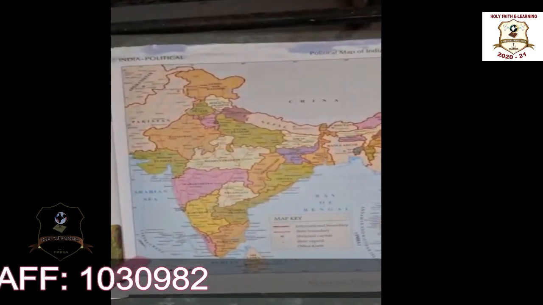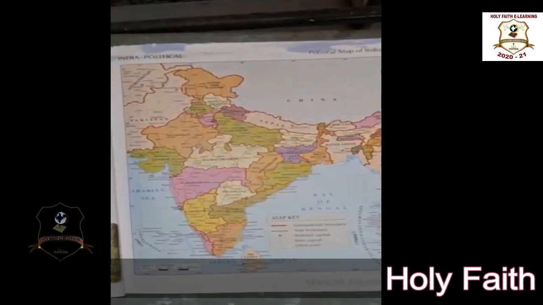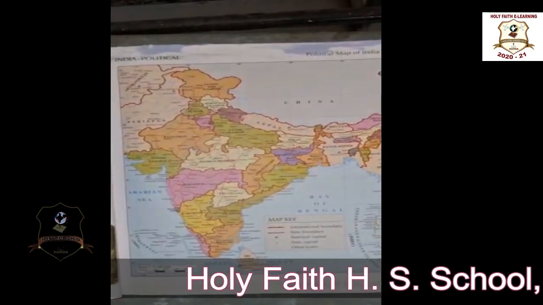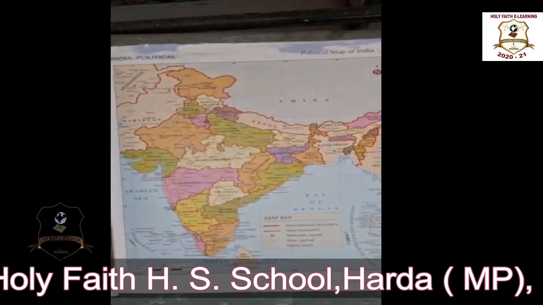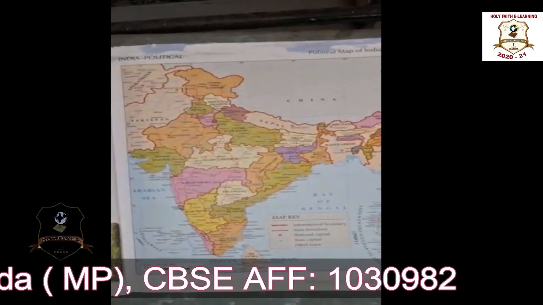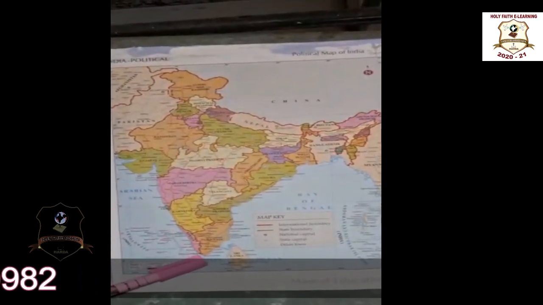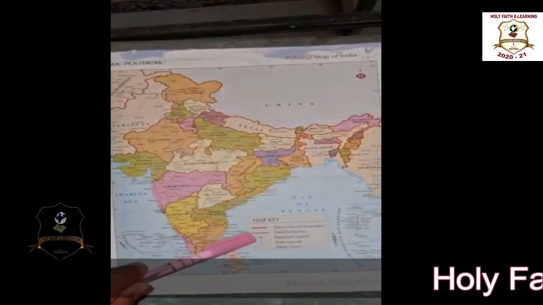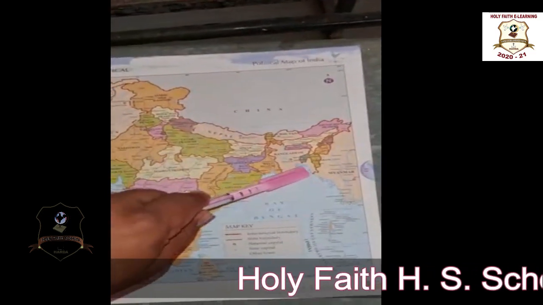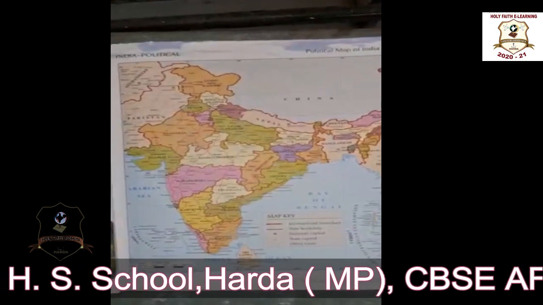India has a very vast geographical area with a land border of 15,106.7 kilometers and a very lengthy coastline of 7,516.6 kilometers.